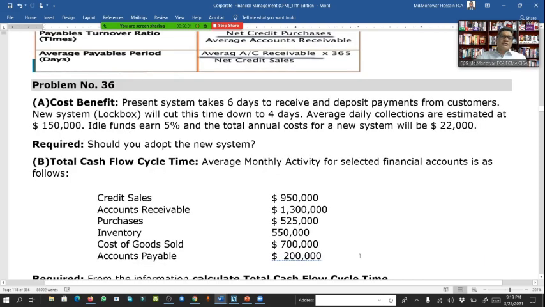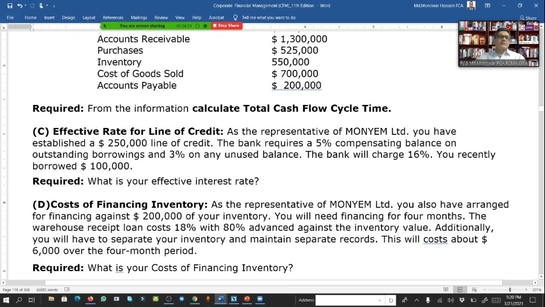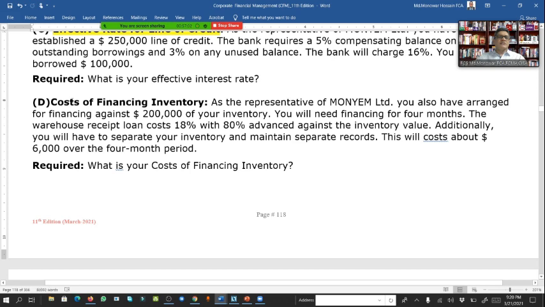Here the problem involves calculation of cost benefit, total cash flow cycle time, the effective rate of line of credit, cost of financing inventory.